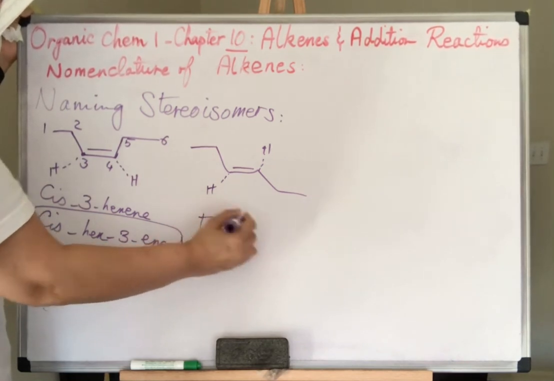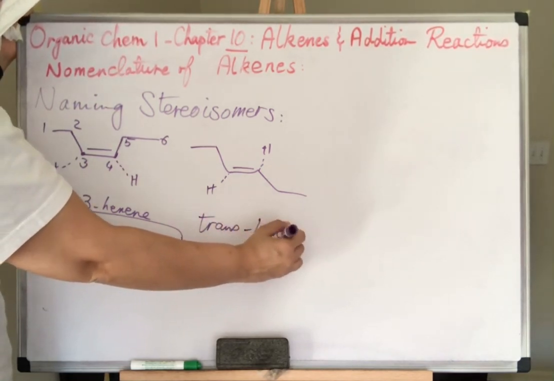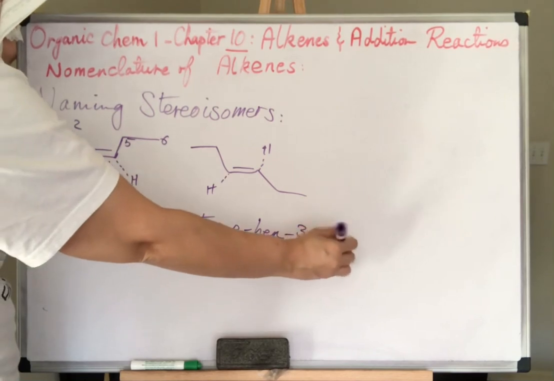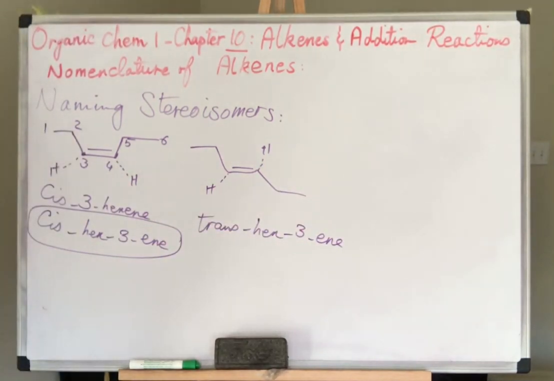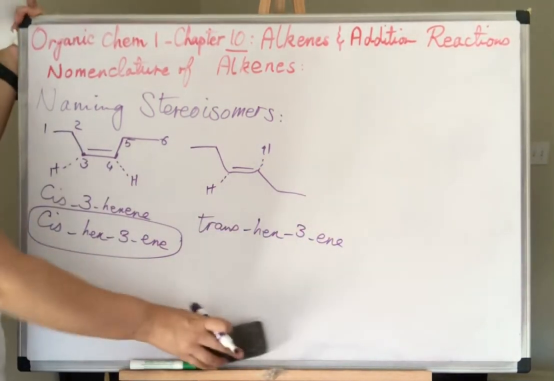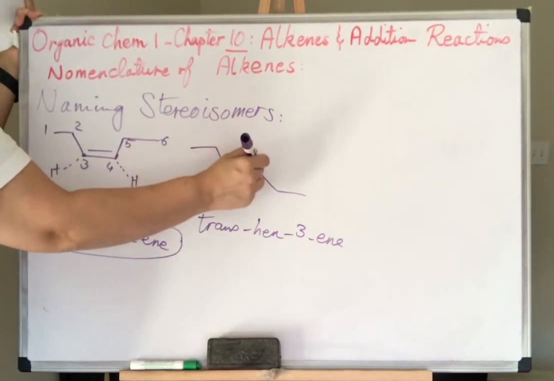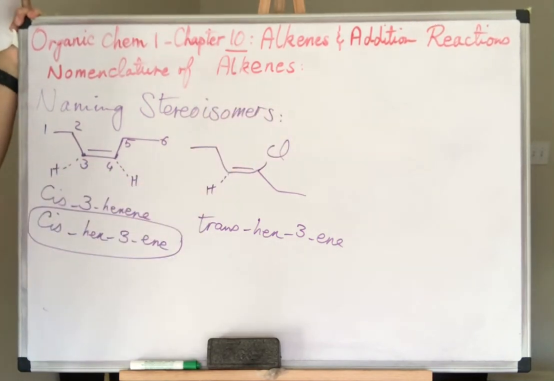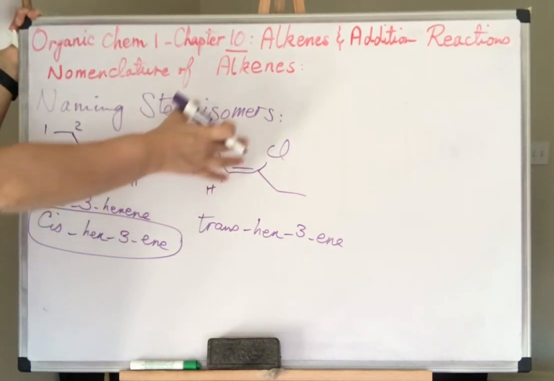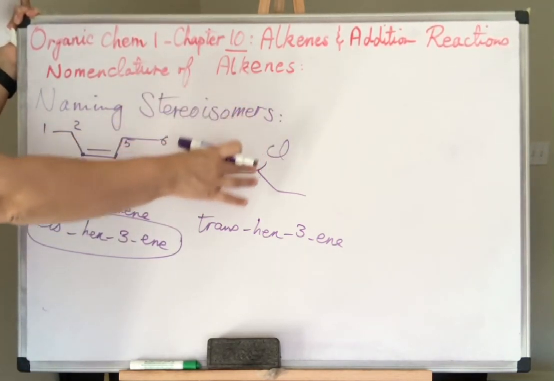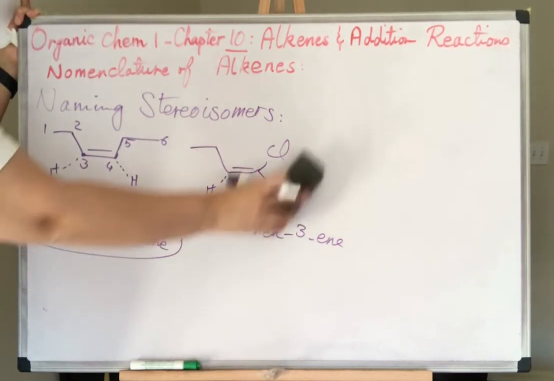I just write one of them, but both of them are acceptable. Okay? Now, what if instead of hydrogen, here I have chlorine? What happens? What if not 2 of the groups are hydrogens?